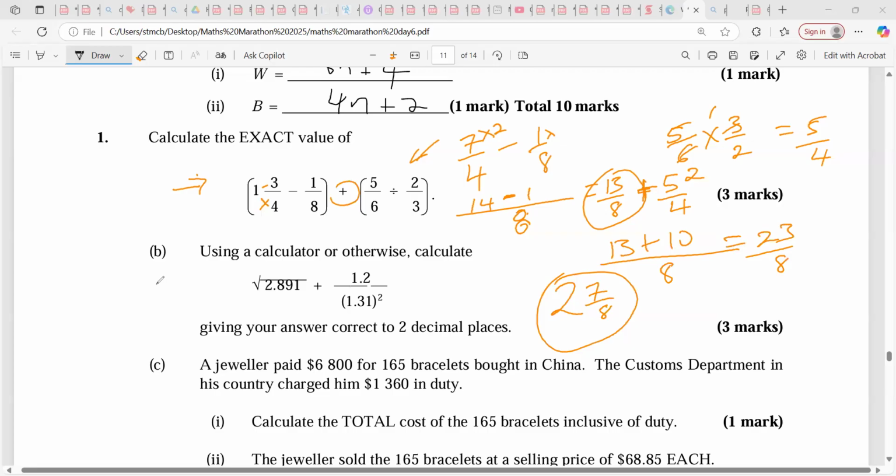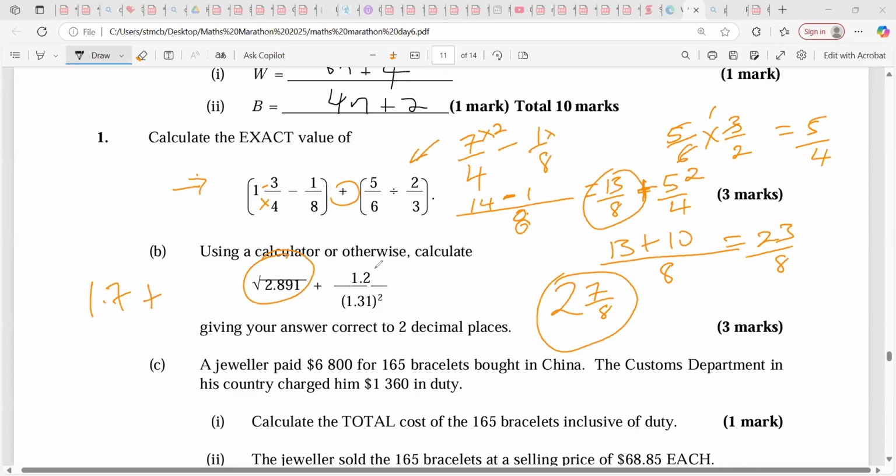So we have 2.891, and this works out to 1.7. Let's round it up to one decimal.